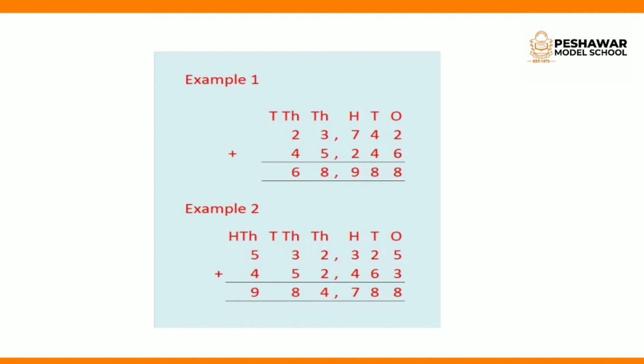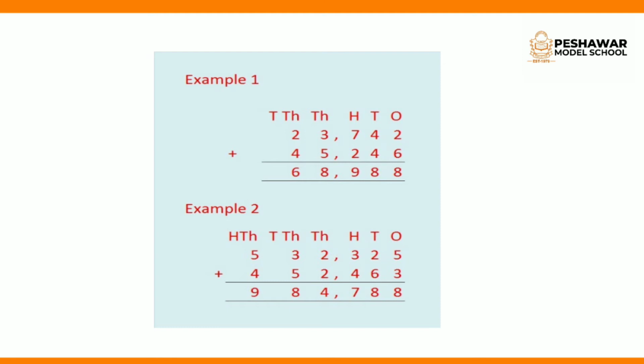Students, remember one thing. Whenever you are adding numbers, you have to start from the right side. From the right side there is the ones place. In ones there are 2 and 6. 6 plus 2 is equal to 8. Now look at the tens place. In the tens place there are 4 and 4. 4 plus 4 is 8.